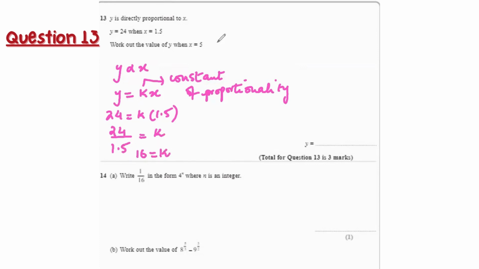Now substitute 16 back into the equation. y equals 16x. Now we substitute x equals 5, and that is going to give us 80 as the value of y when x is 5. So as you can see, as we increase the value of x from 1.5 to 5, the value of y also increased from 24 to 80.